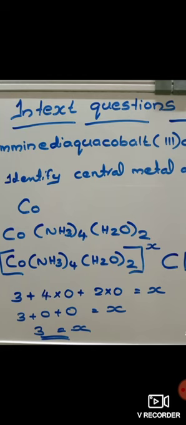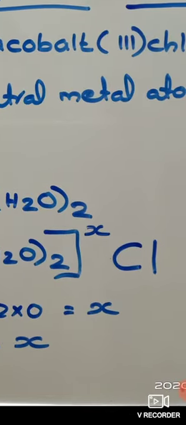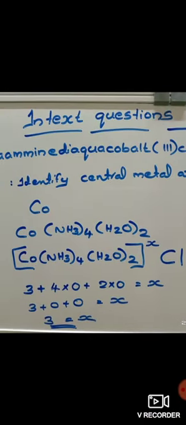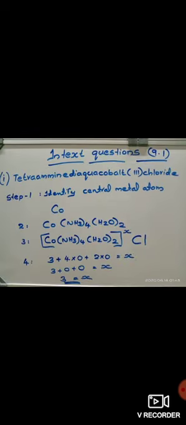By using this, we can find the charge of the complex, or X. How can we calculate? The oxidation state of the central metal atom is 3, which is there in the question. 3 plus 4 into 0, since ammine is a neutral ligand, plus 2 into 0, since water is also a neutral ligand, is equal to the charge of the complex X. So 3 is equal to X, or the charge of the complex is 3. So, by using this, we can write the formula of the compound.